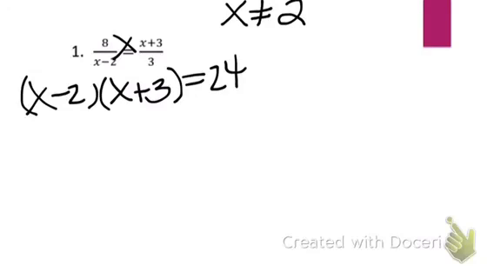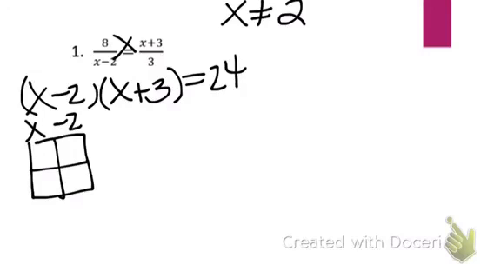On the left side, you see you have a binomial times a binomial. I am going to have to do the box in order to multiply this, or if you know how to FOIL, you can FOIL as well. Either way, I'm good with that, okay? We'll do the box. On the outside, you'd have x minus 2 and x plus 3.